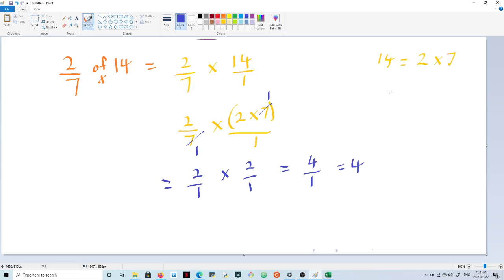So when I look at this, 2 upon 7 times 14, I'm going to get 4. So what you're doing here is you have a number, in this case the total is 14.